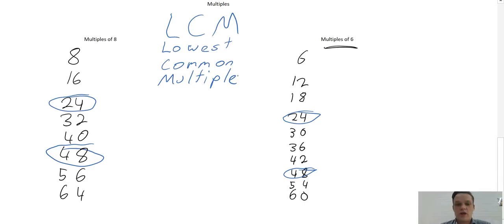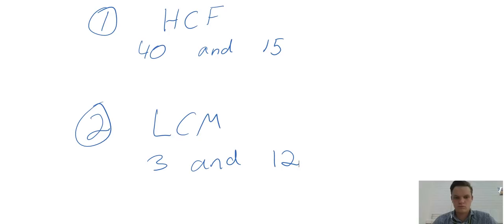So we've circled our common multiples. Now we're looking for our lowest one. So our smallest number is going to be 24. So that's what you're going to have to do. You're going to have to find all your multiples like we have down here. Put a circle around the common ones. So you need to really make sure you know your times tables for this. And then find our lowest common one of 24.